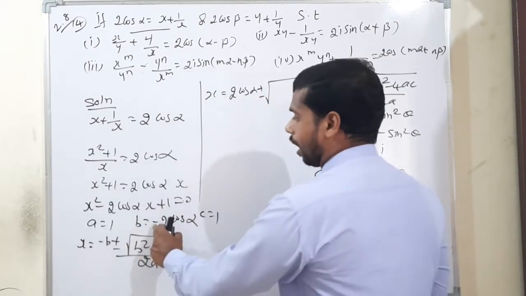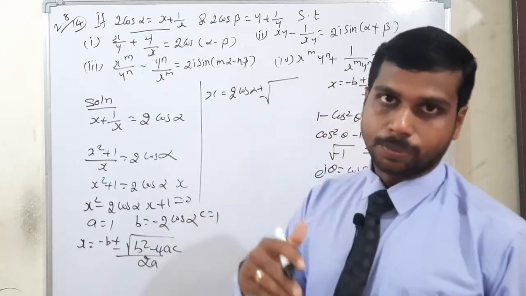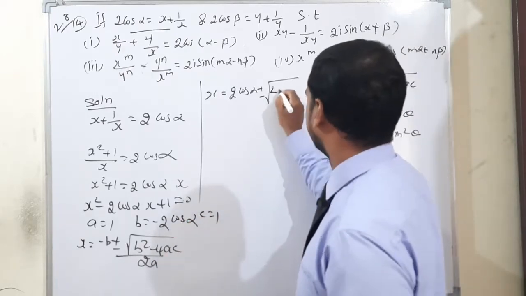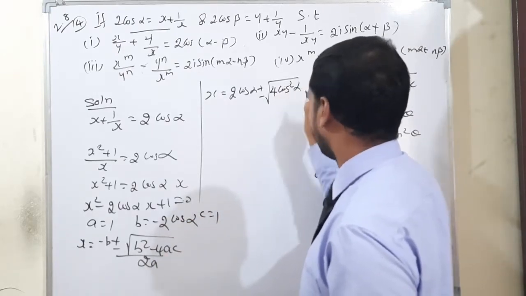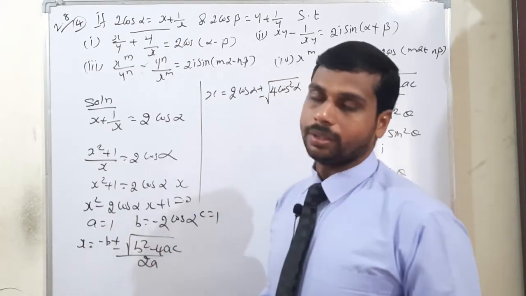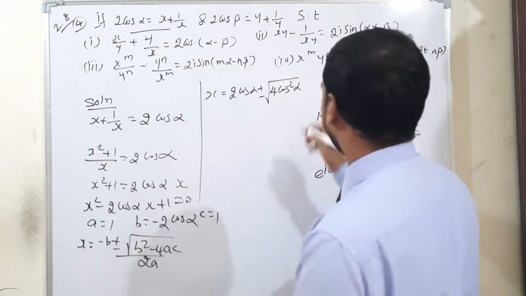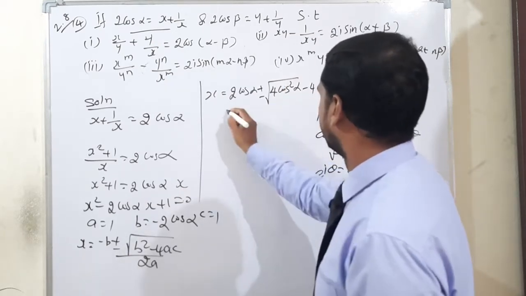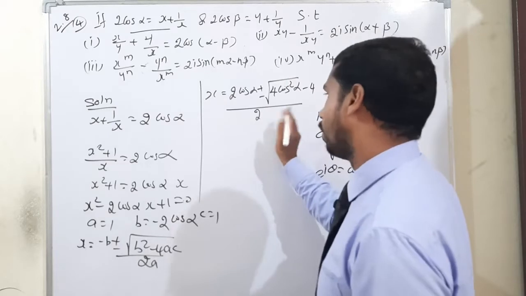B square is minus 2 the whole square, minus 2 squared is positive, so 4 cos square alpha. Then minus 4ac, a value 1, c value also 1, so 1 into 1 is 1. Therefore we can write minus 4, divided by 2 into 1.